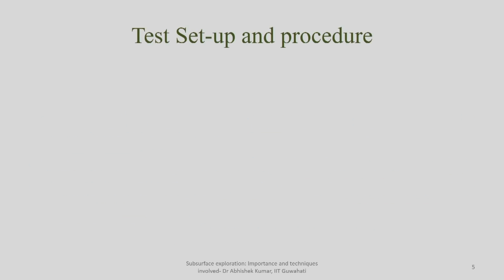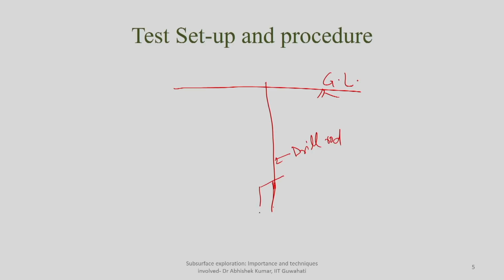If you go for the test setup, it consists of a drill rod. Suppose this is the ground level, GL. There will be a drill rod at your site of interest, and at the end of the drill rod, depending upon your depth of investigation, there will be vanes.